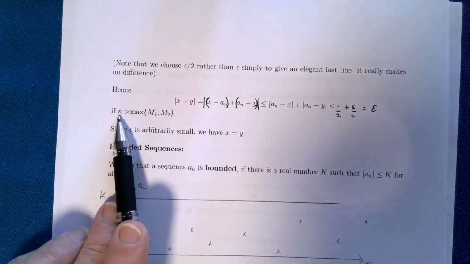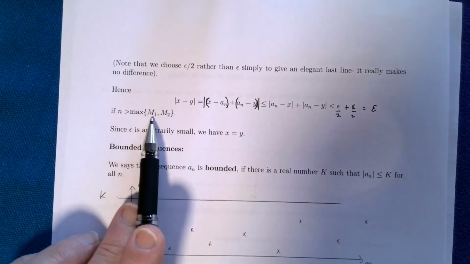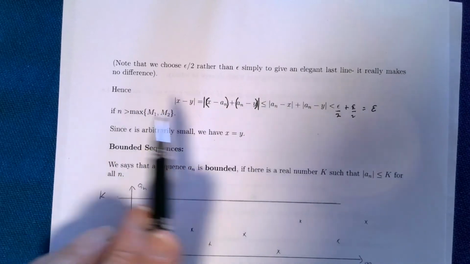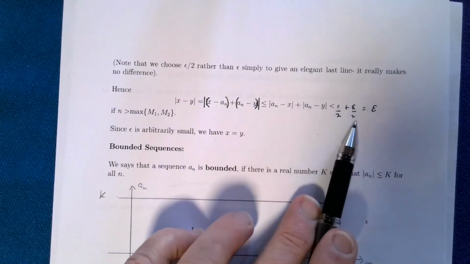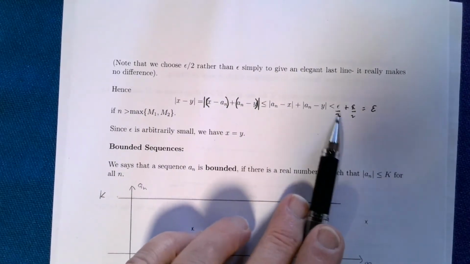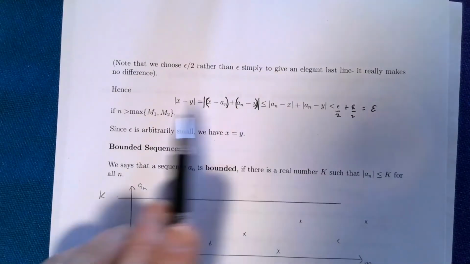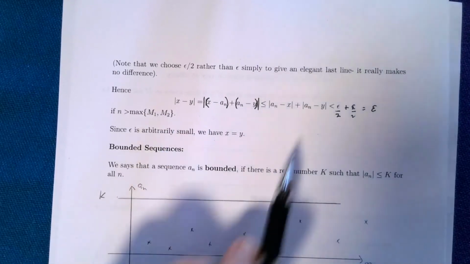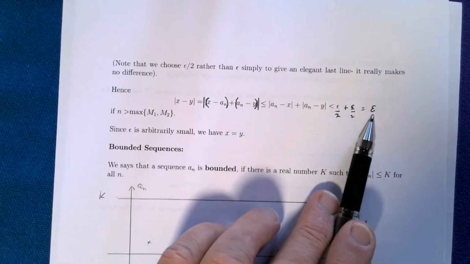And so I'm going to take n to be bigger than the maximum of these two. So therefore, both of these inequalities are correct. So this is less than epsilon on 2. That's less than epsilon on 2, because I've gone past the maximum of these two. And this simplifies down to epsilon.